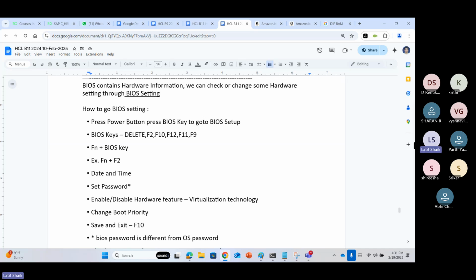You can set a BIOS password. The BIOS password is not your operating system password. It is only to protect from unauthorized access to your BIOS settings.